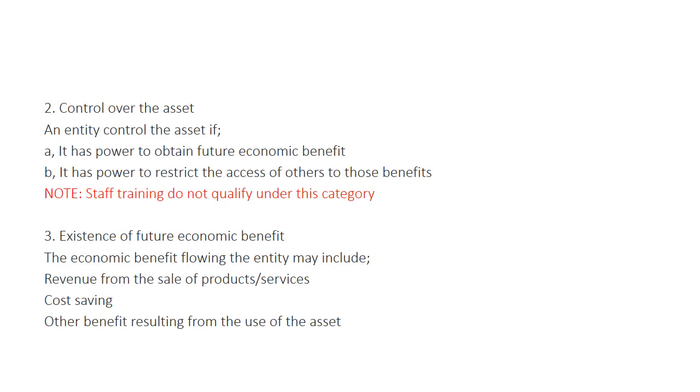So if the entity has a certain software which it has made available to the public for free, this cannot be termed an intangible asset, because the entity does not benefit from that asset, and anyone can access it at any time. So, for an asset to be termed an intangible asset, it has to result in future economic benefit to the entity, and the entity has power to restrict others from using it.